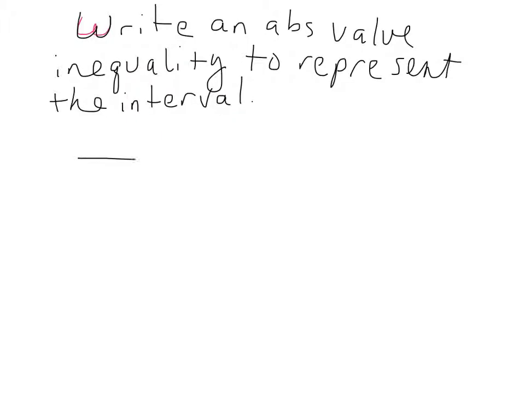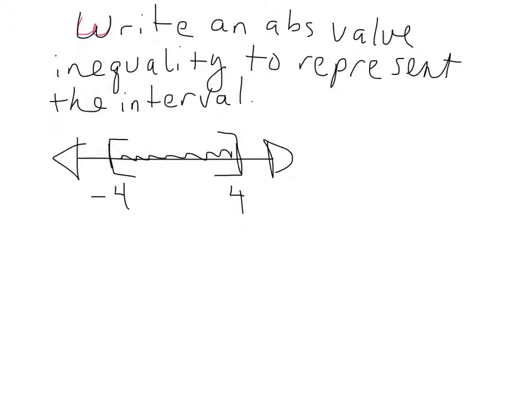So let's start off with, let's say I have negative 4, positive 4 with brackets and shaded in between. Okay, so if we look at this, we want absolute value inequalities.